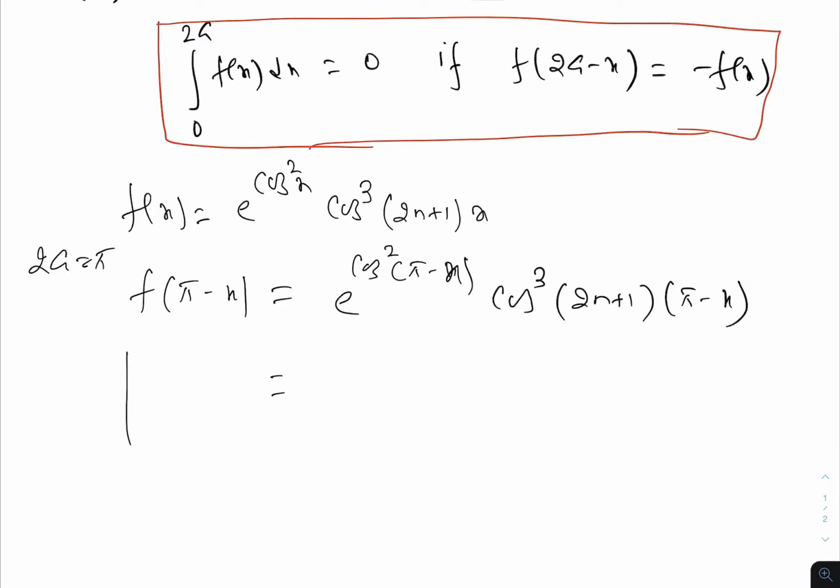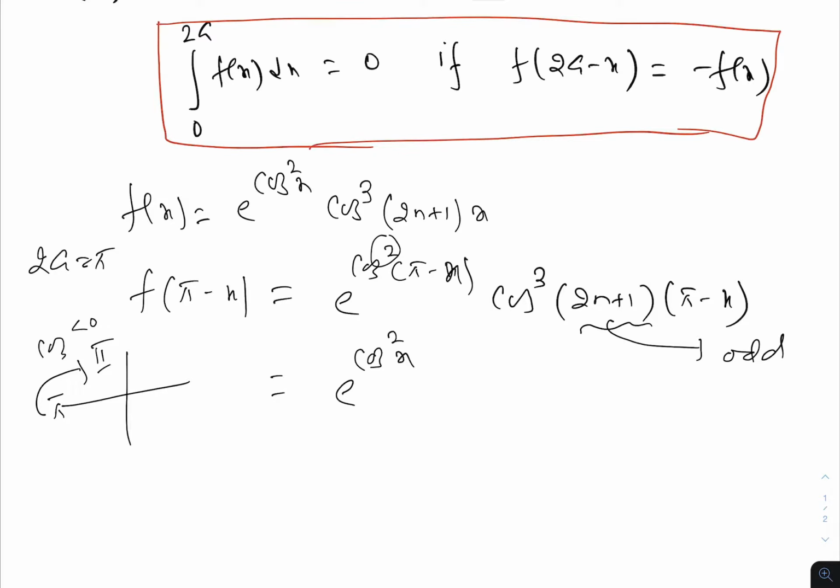Now cos of pi minus x is in the second quadrant, and in the second quadrant cos is negative, but here you can see that this is squared, so it remains as it is: e power cos square x. Now 2n plus 1 is odd, so it is cos cube of (2n plus 1) pi minus (2n plus 1) x.